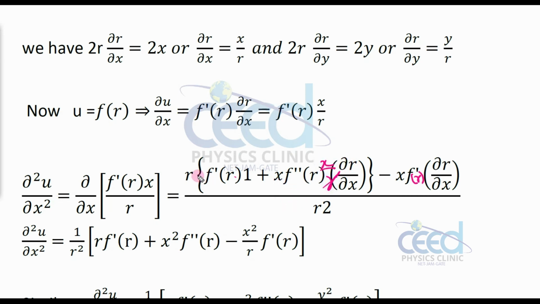So this r and this r will cancel, giving x into x, so x² f''(r), minus, here also I replace ∂r/∂x with x/r. When I multiply, there is no r left, so I can keep x² f'(r)/r.